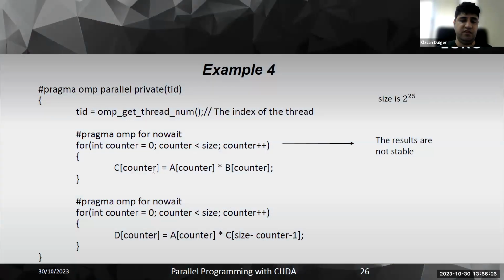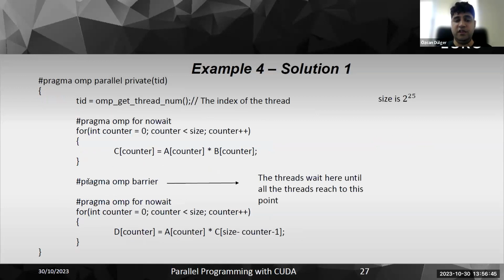How can we overcome this problem? We must put a barrier here. A barrier is a good solution, or a synchronization between the threads must be obtained between these for loops in order to avoid unstable results. So one solution is a pragma here, again an OpenMP instruction.